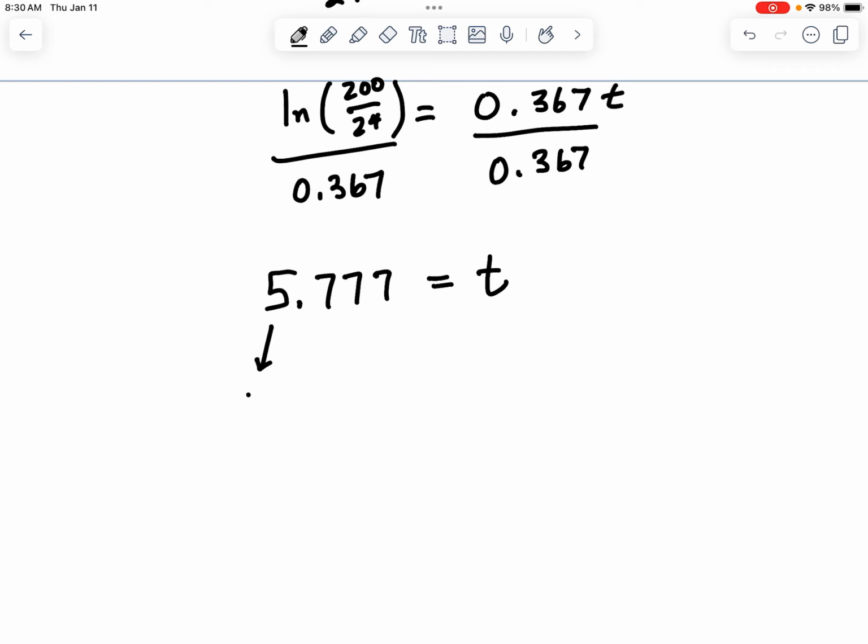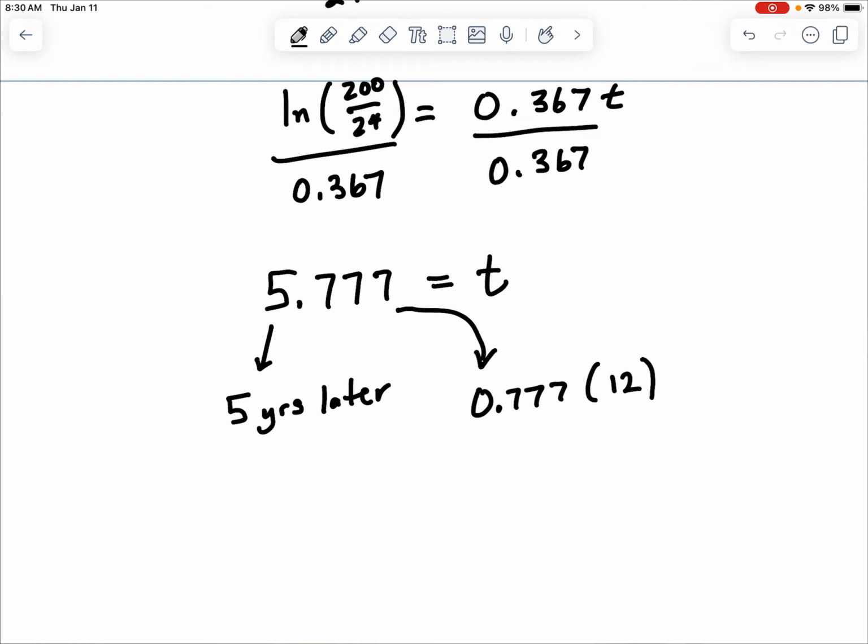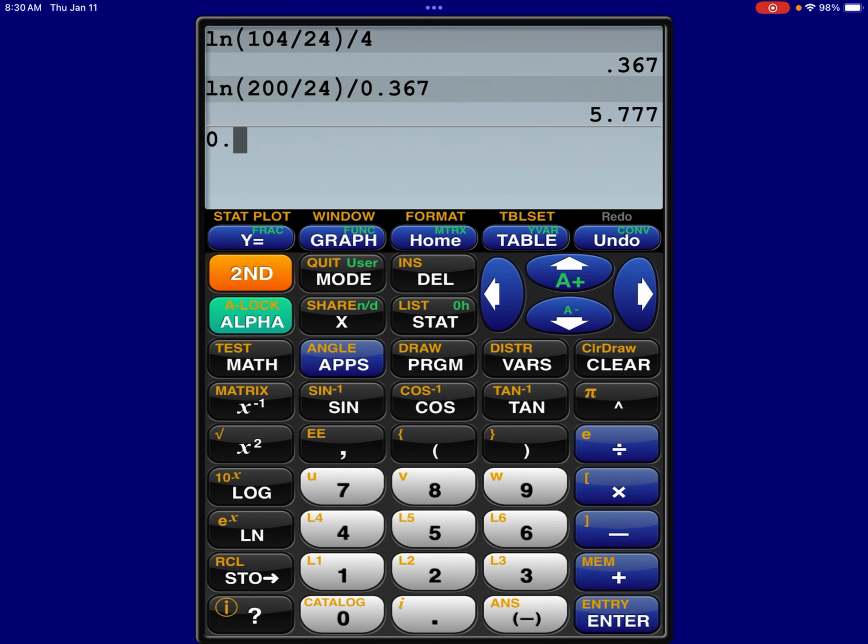So the 5 means 5 years later. And then you can take the decimal part, 0.777, and since there's 12 months in a year, that will tell us which month it is. So I just need a 0.777 times 12.